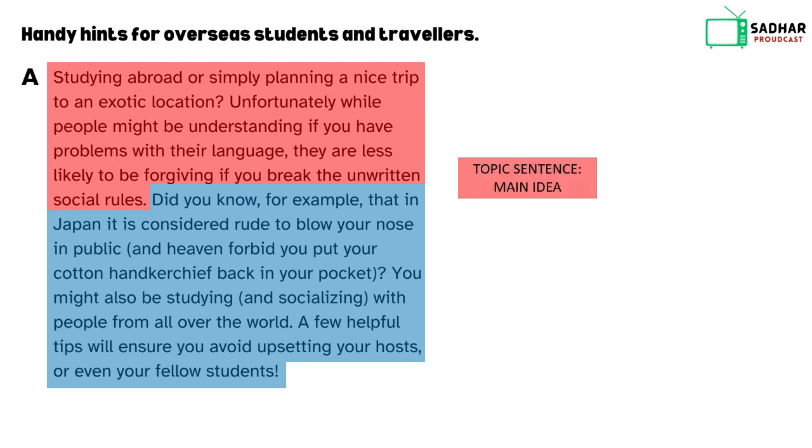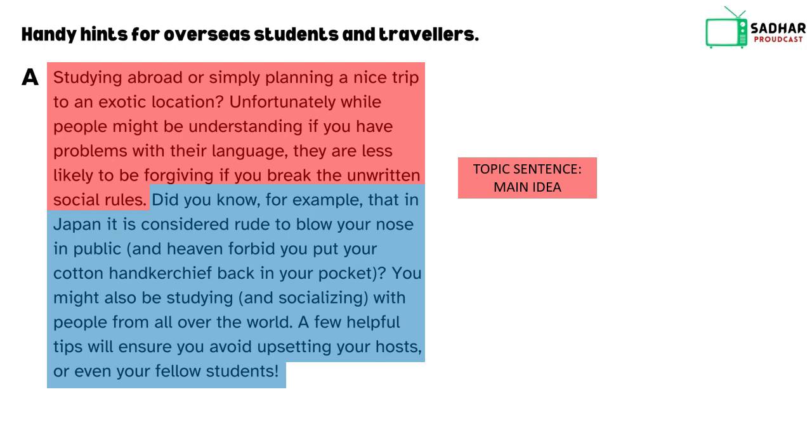Okay, the topic sentence or the main idea are the sentences in pink highlight. It's not the first sentence, but it's the second sentence, because the writer starts with a question. Studying abroad, or simply planning a nice trip to an exotic location.